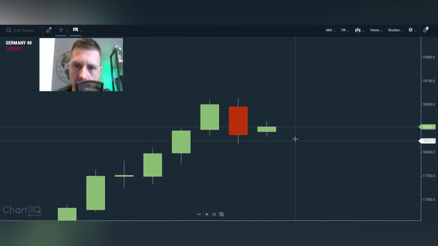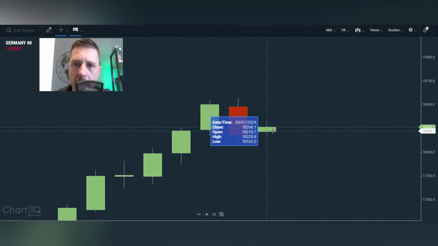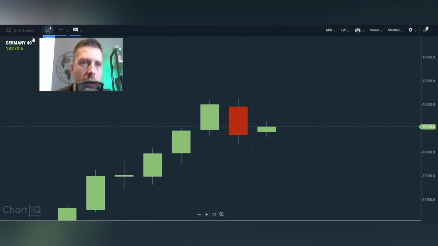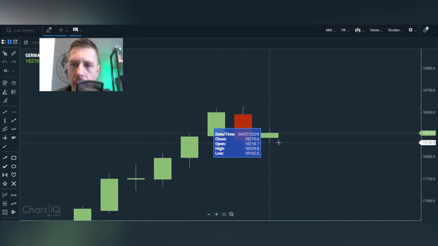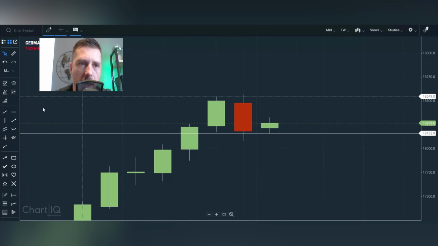So the price right now is at 18,270.69. The weekly low, this week's low, as you can see, is 18,162. So we are going to mark the weekly low and the weekly high.